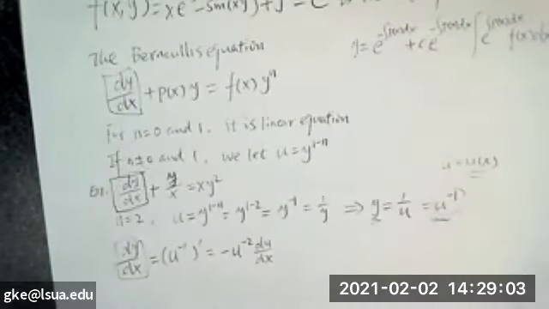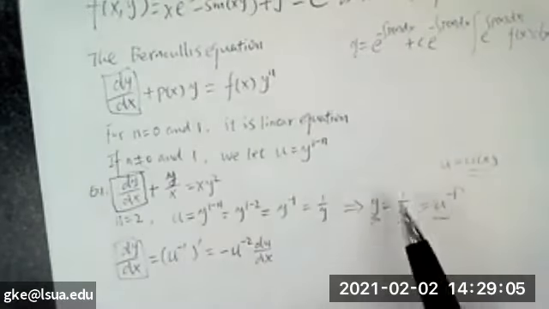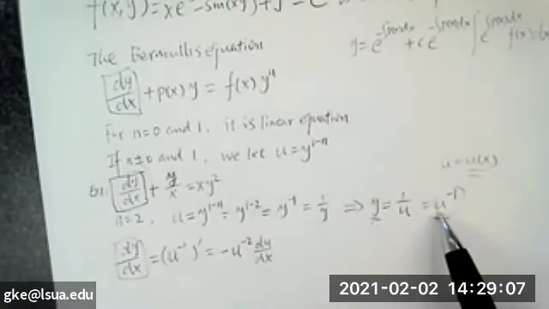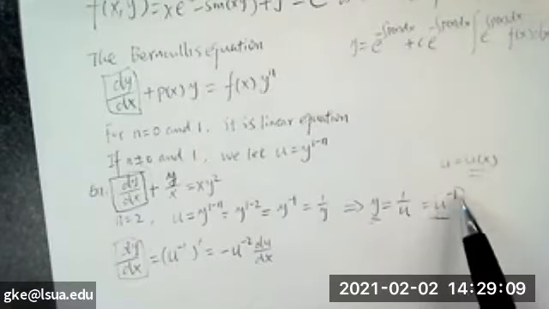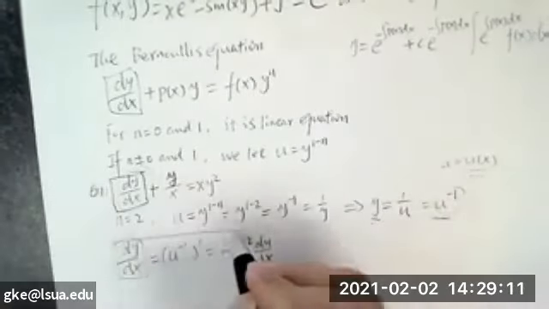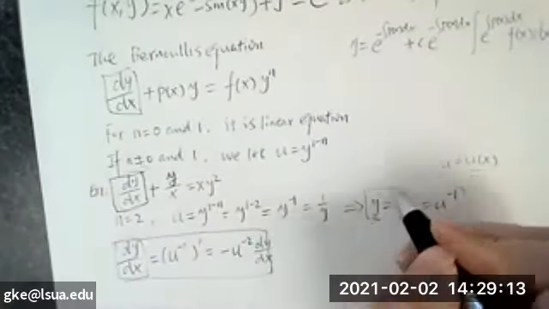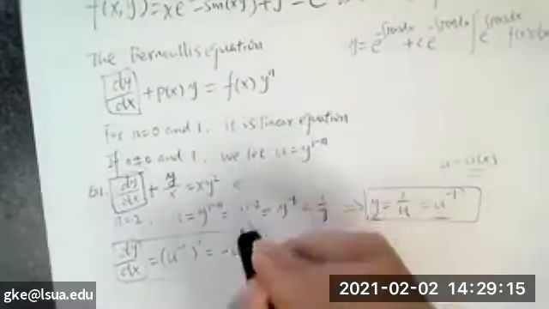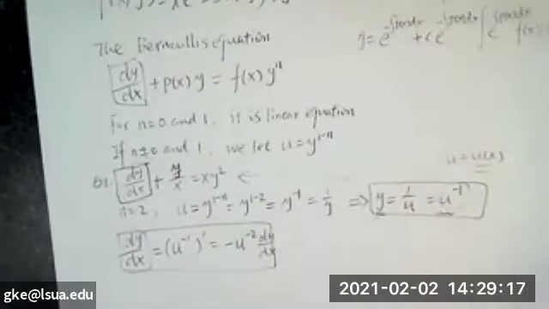So we got dy over dx, and y can be written as u to the power 1. We need these two expressions and plug them in here.